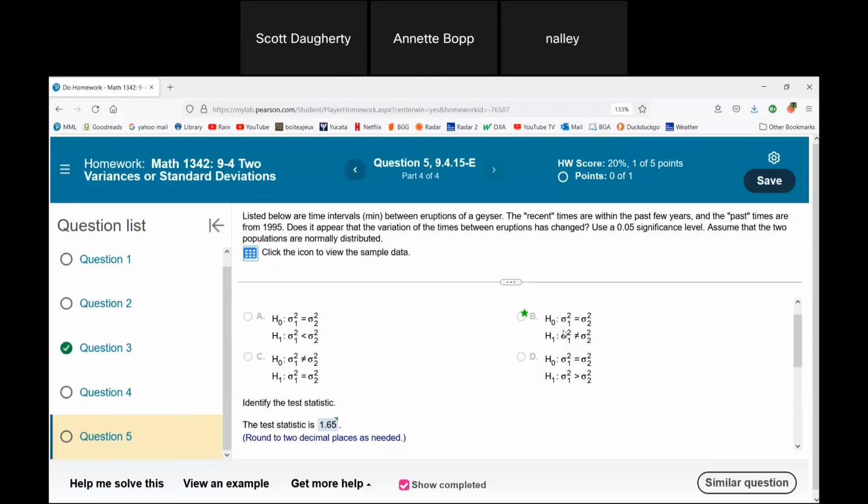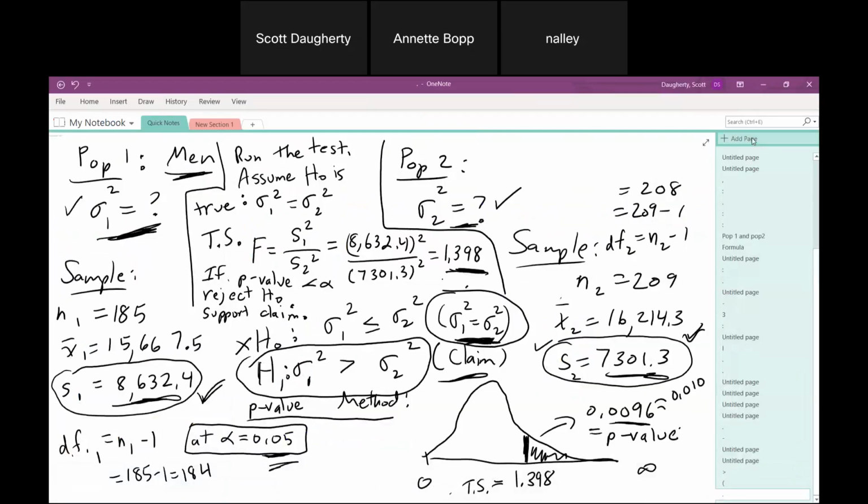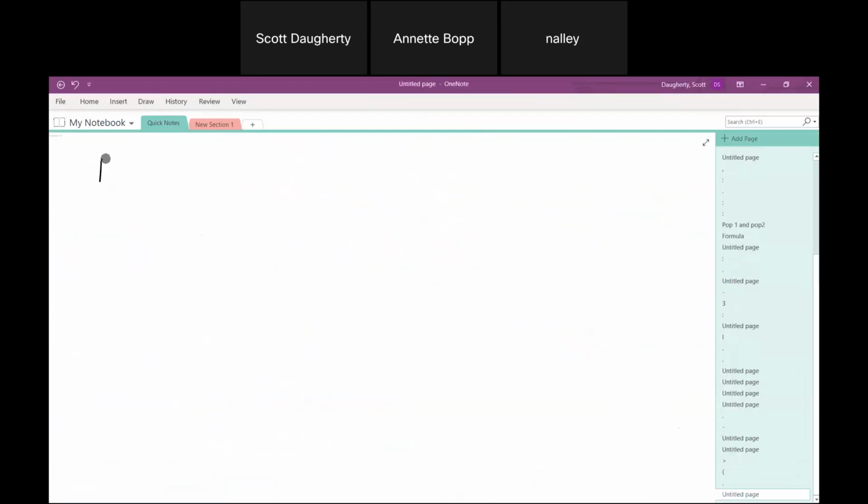But the way you would set this up is, again, you've got two populations. One of them is going to be recent, the other is going to be the past. But I'm going to hold back on labeling them because remember, the way you label this depends on S1 and S2.